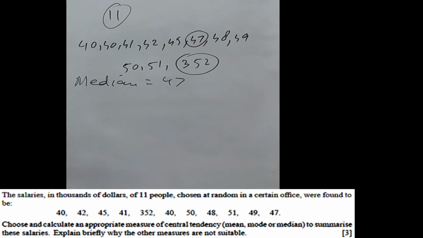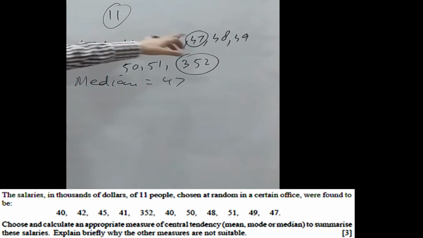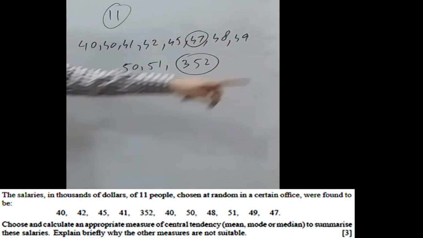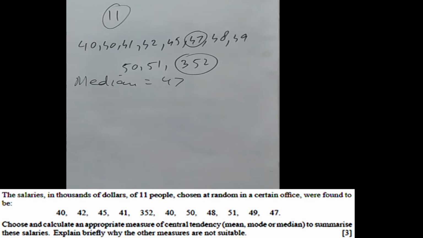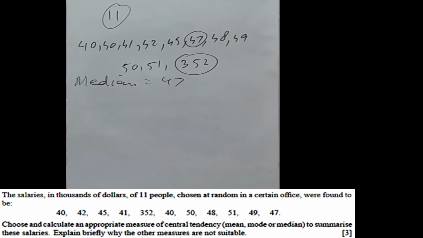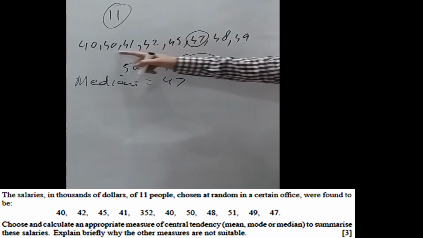Now all the values of the data are close to 47. The minimum value and this 51 value, all these values are very close to 47. So the median describes almost all the data except one value. This value is different, a large one. That's why the median describes this data best.